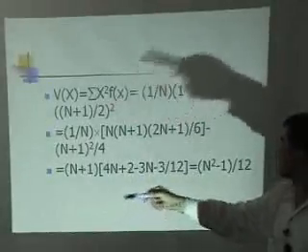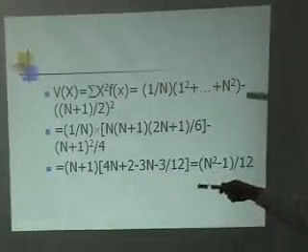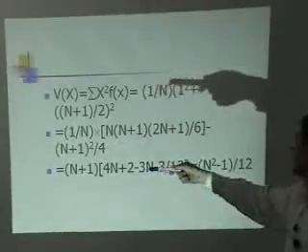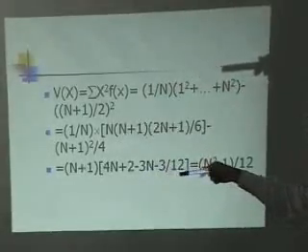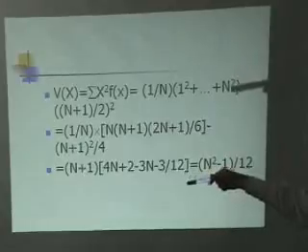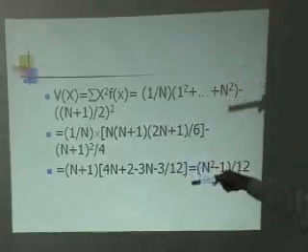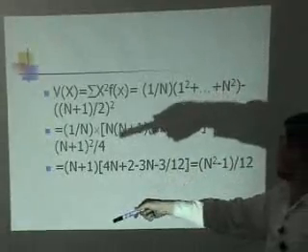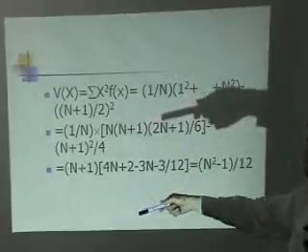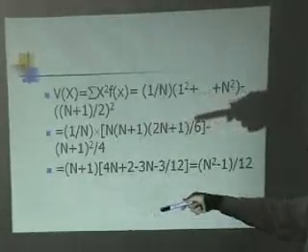Minus mu x squared. And so here you have 1 over n, 1 squared plus 2 squared plus etc. to n squared. And what is the sum for all these? It is n times n plus 1 times 2n plus 1 divided by 6.